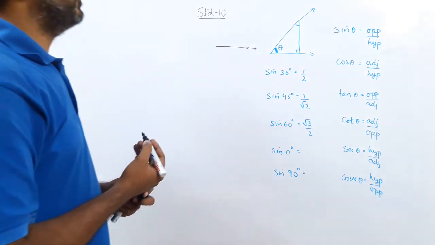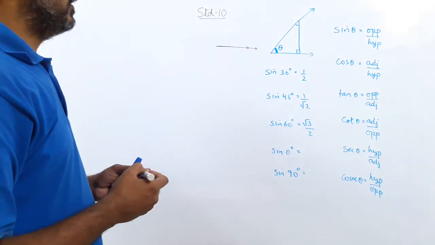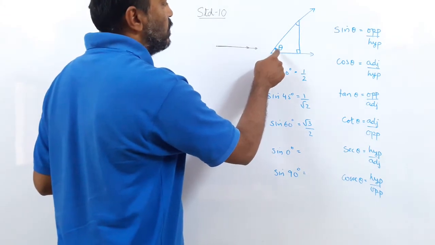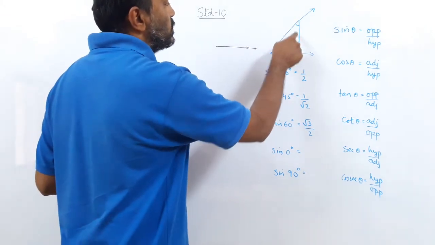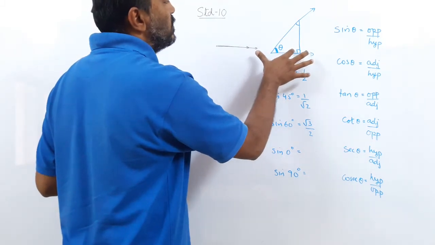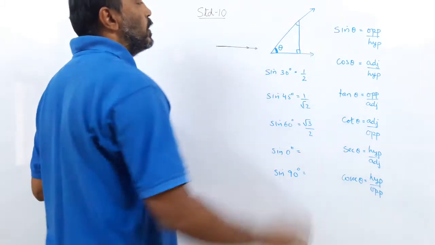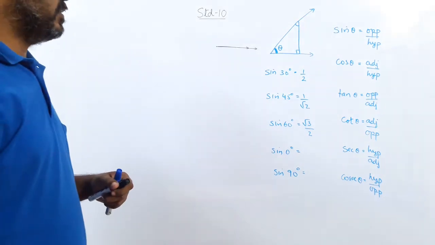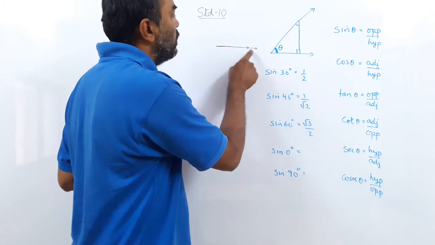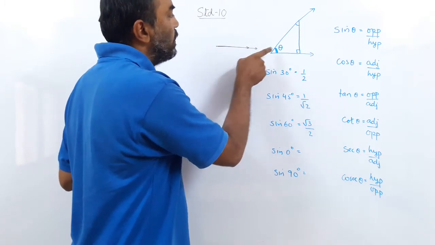So the angle can never be 0, right? If this angle is 0 degree, the sum of three angles should be 180. If one is 0, then this is 90 and this is 90, but two right angles can never make a triangle. So this angle theta, practically, can never be 0.